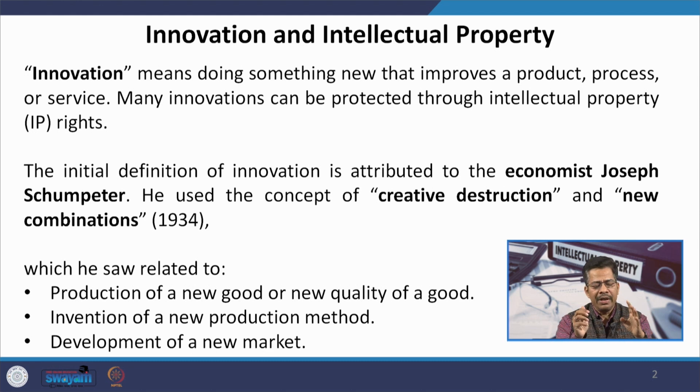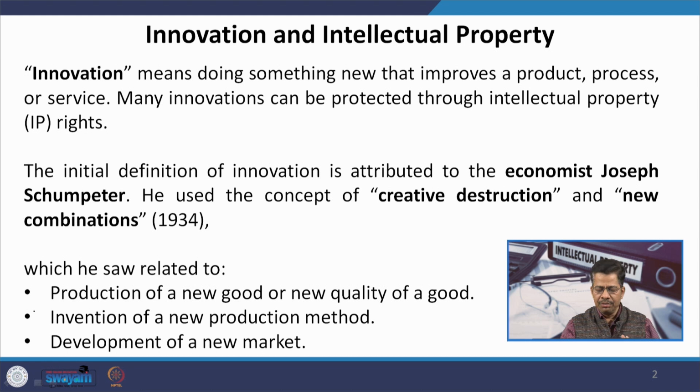Innovation, in its simplest meaning, is defined as doing something new that improves some products or creates a new product, improves processes or makes processes more environmentally friendly, which can reduce the cost, which can be more efficient. Or innovations are also possible these days where business models are created.